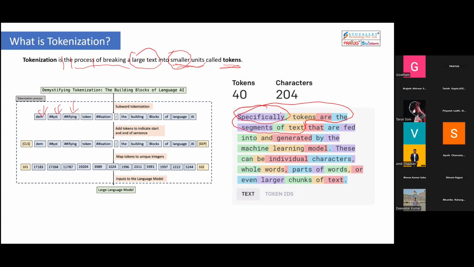After that, there are tokens that are segments. There is also something called a two-meanings word. For example, "don't come".